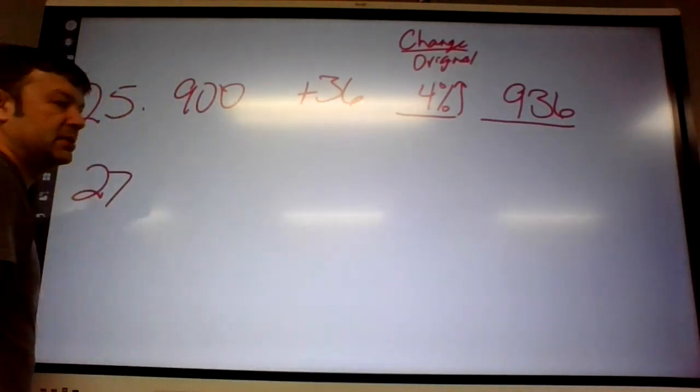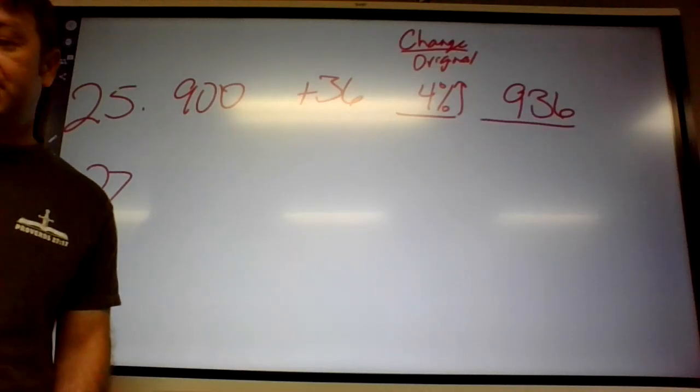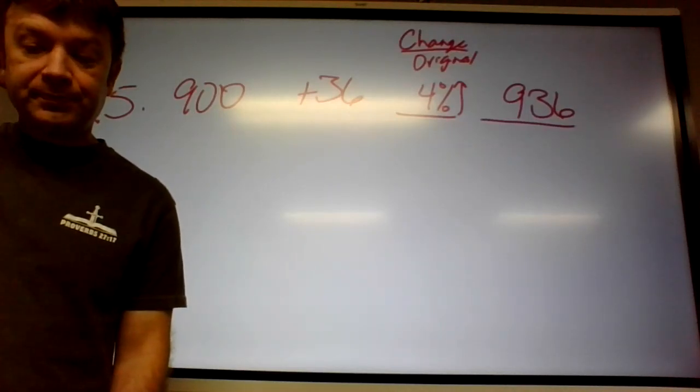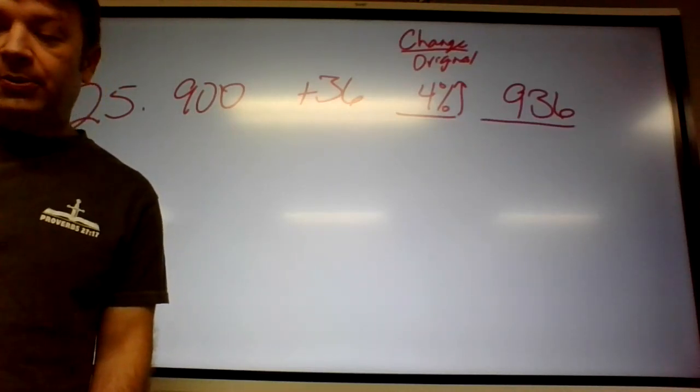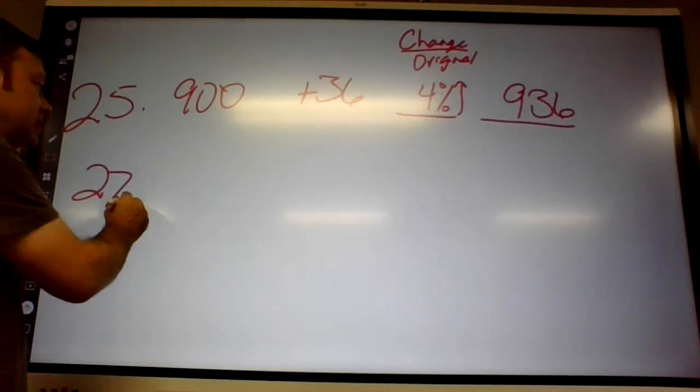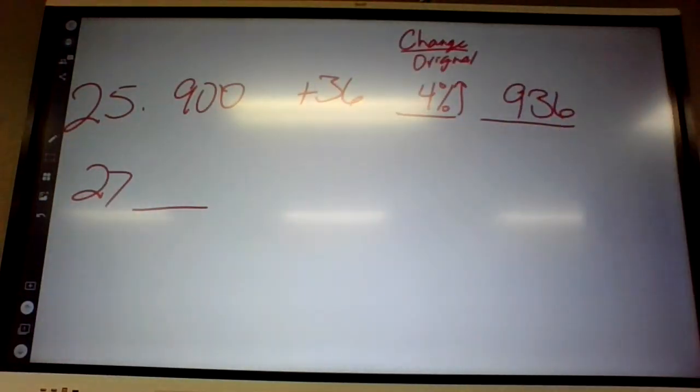All right. Number 27. So on this one, we don't know the original, so this is kind of like, I think everybody's here. Like pictures. Mr. Jordan, you didn't change that target. I fixed it.